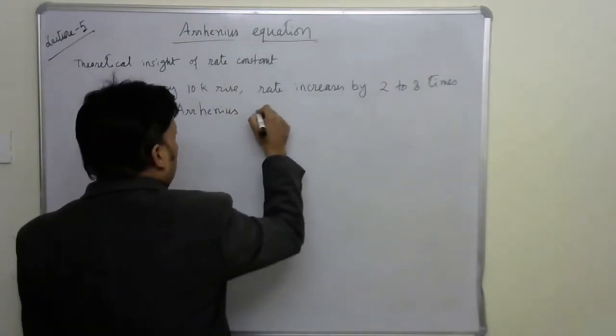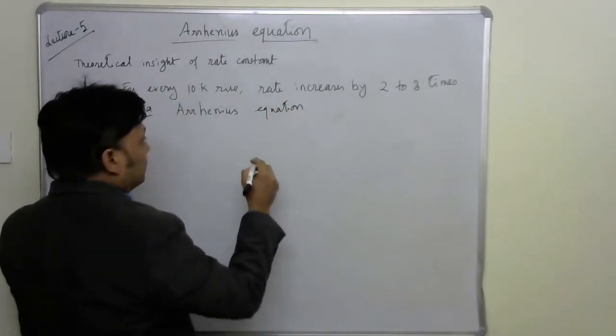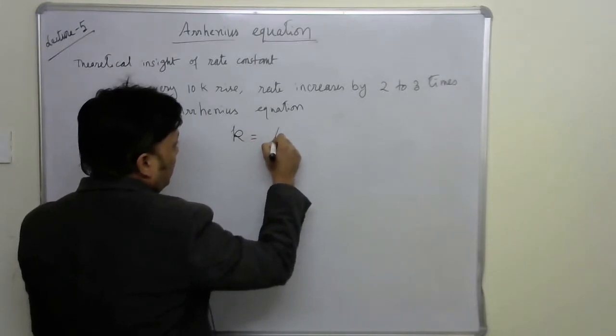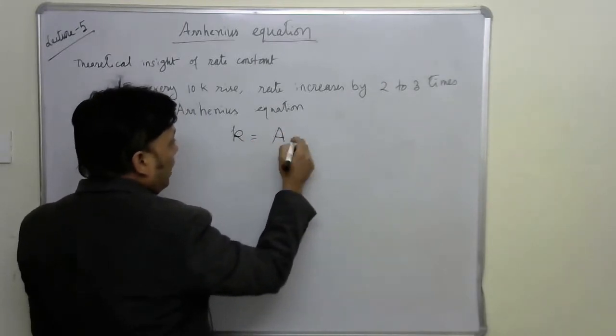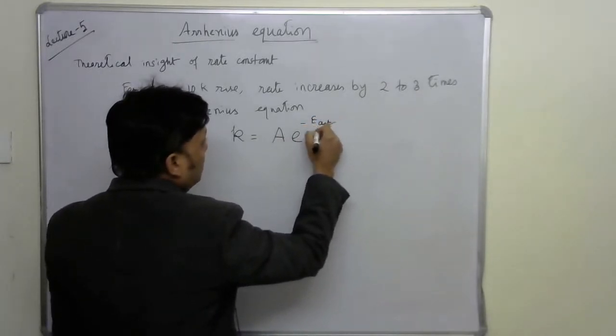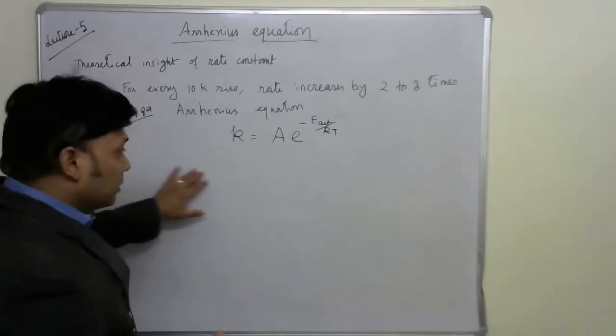This equation is known as the Arrhenius equation, and it is given as k, the rate constant, is equal to some constant A multiplied by e to the power minus E_act divided by RT. So we can define these terms.